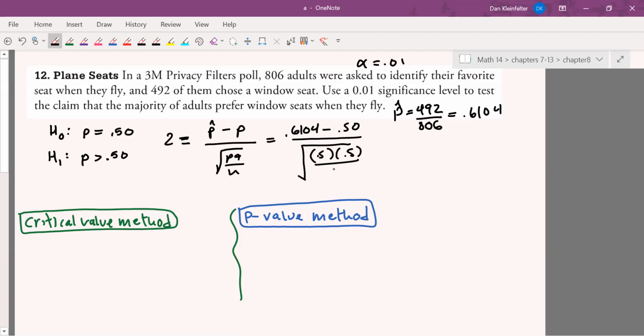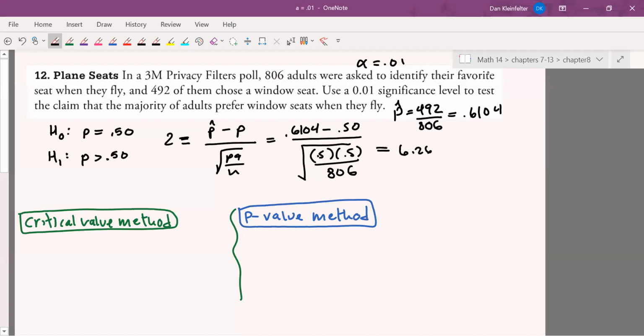Our sample size, be careful here, I almost wrote 492, is 806. That's the size of our sample.